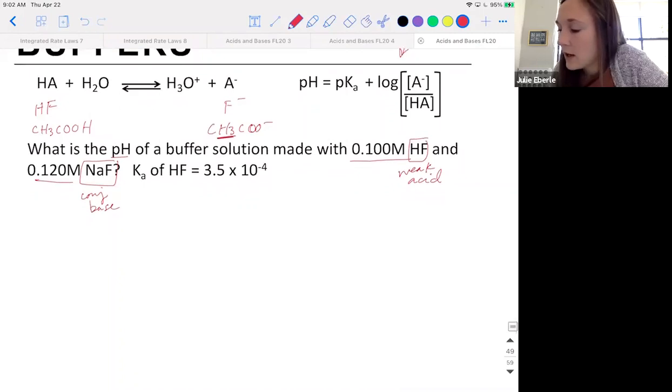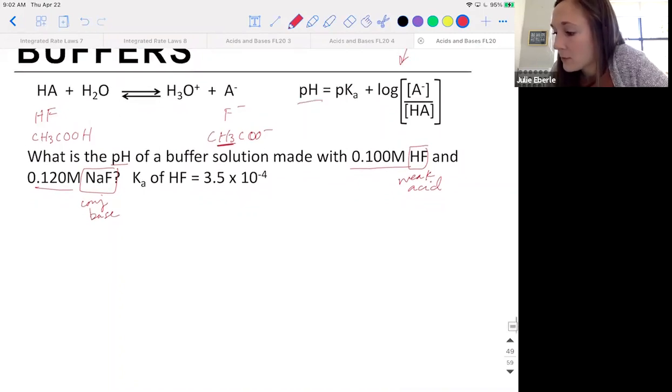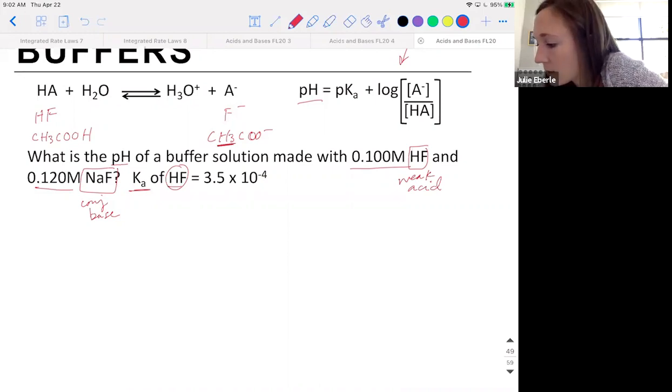All right, so we can calculate pH, right? We're given the Ka of our weak acid. By the way, if I tell you the Ka of HF, I'm telling you the K of what the weak acid is. So this as well tells you that one's the weak acid if you're still unsure. So let's get the pKa. We need pK equals the negative log of Ka, which is 3.5 times 10 to the minus 4.